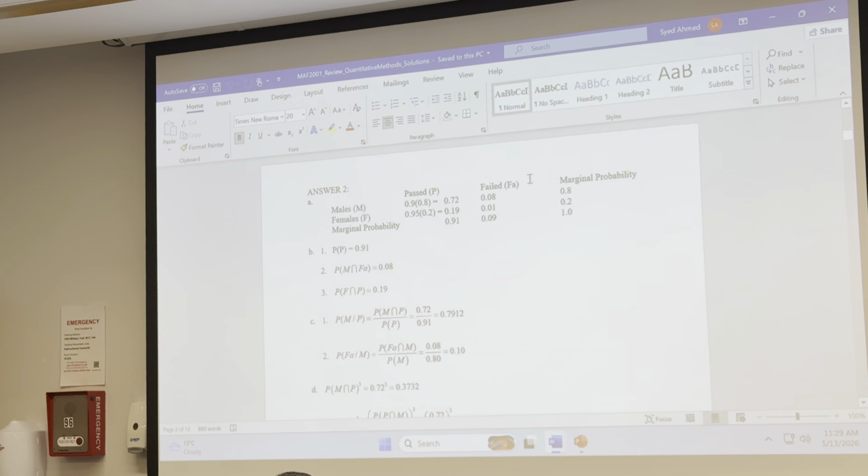This is the probability of being a male. So failing and male divided by male. 0.08 divided by 0.80 is 10%. So if a person is a male, there is a 10% chance that this person will fail the course.